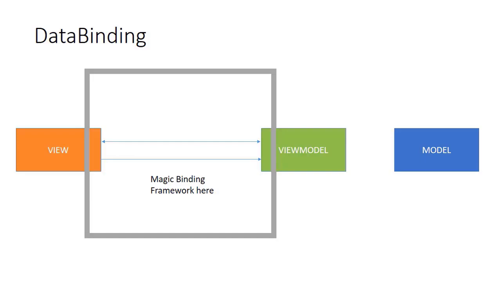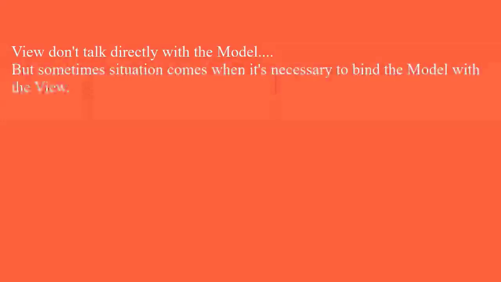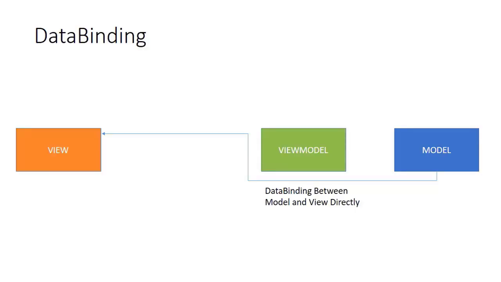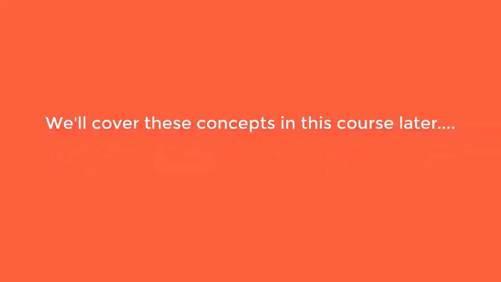It's said that the view doesn't talk directly with the model, but this is not always true. Sometimes a situation comes when it's necessary to create a binding between the view and the model. And as we move forward in this course, we will take a closer look via practical implementation.